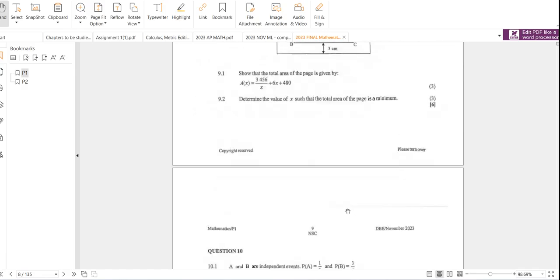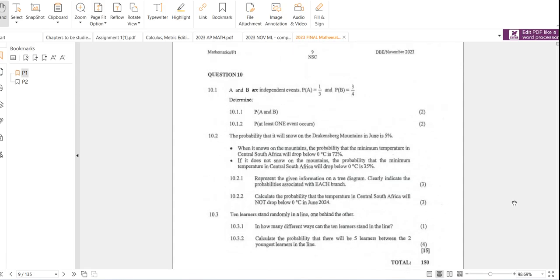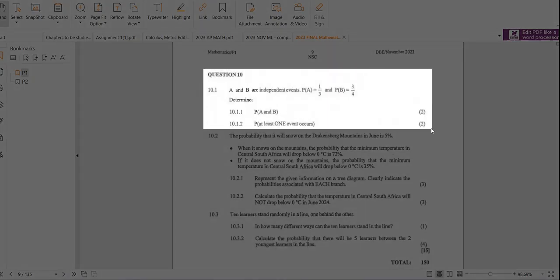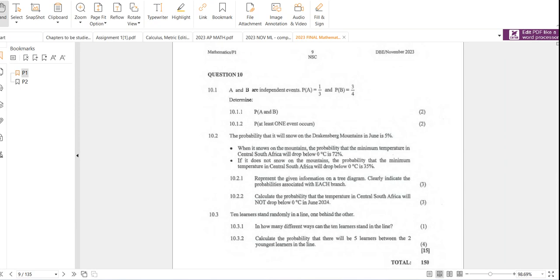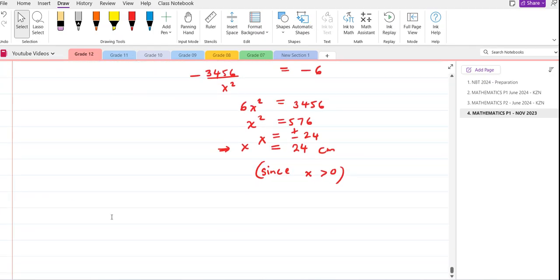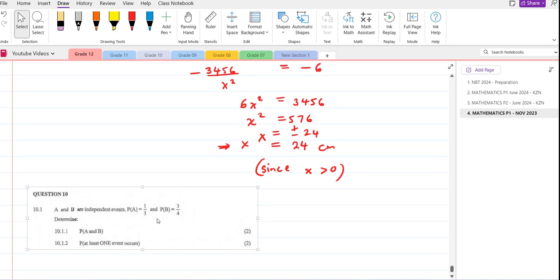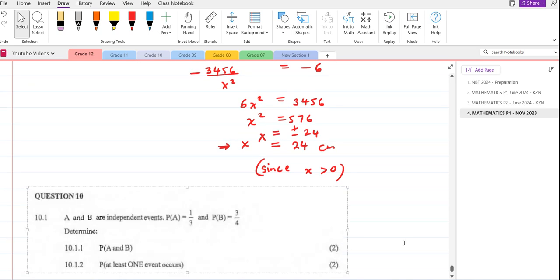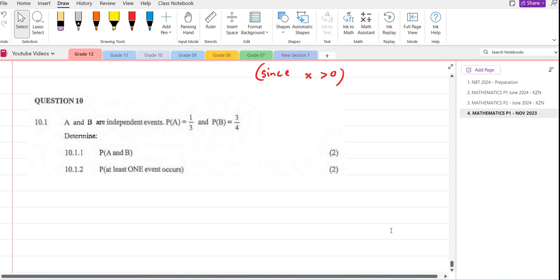Next one, question 10. A and B are independent events and probability of B equals 3/4.